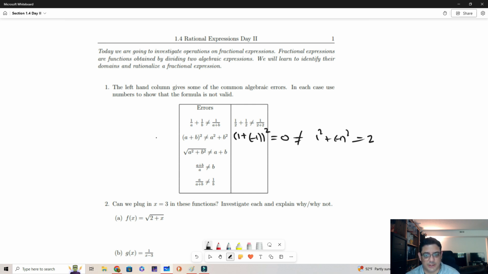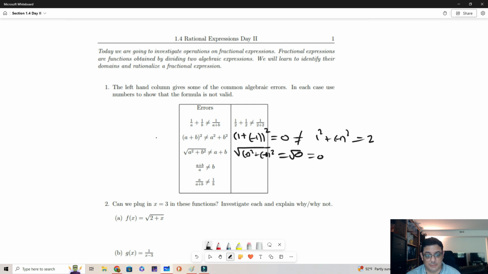The same thing works for the next one. So if you just do 1 and -1 here, the square root of 1 squared plus -1 squared.